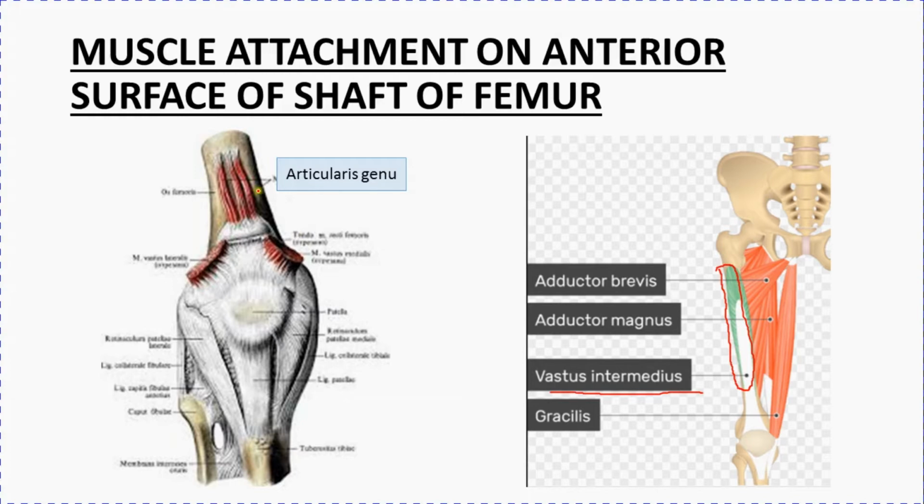The lower 1/4 of the shaft of the femur gives attachment to the articularis genu muscle. This is the articularis genu muscle, which is arising from the lower 1/4 of the shaft of the femur.